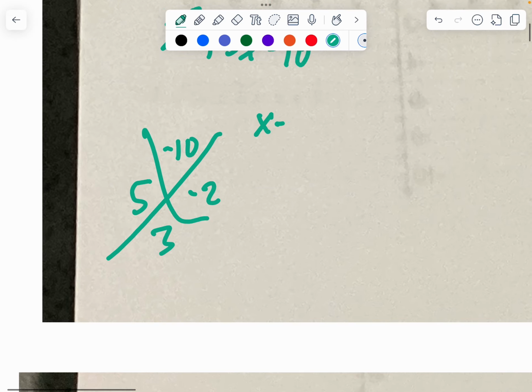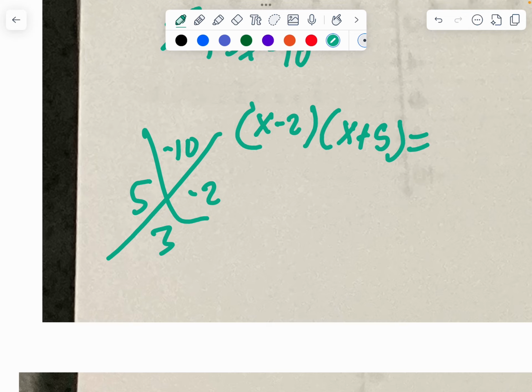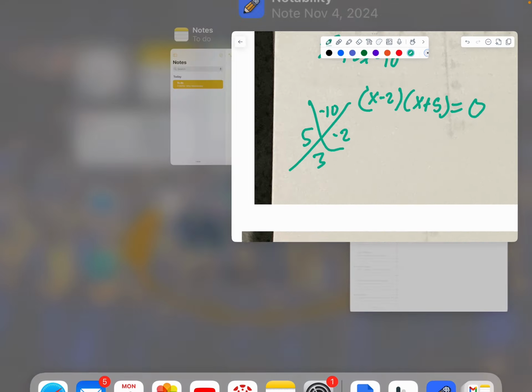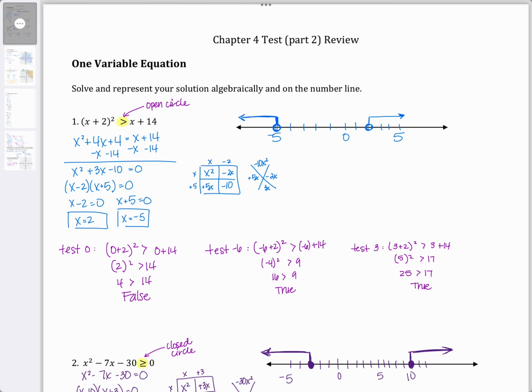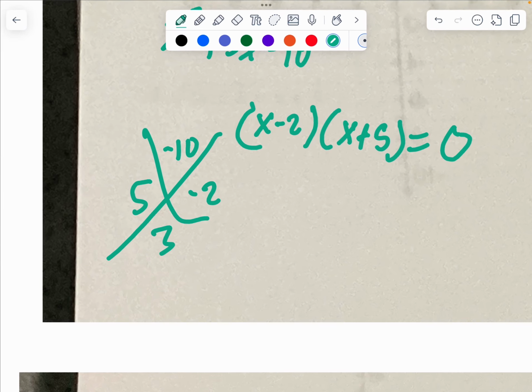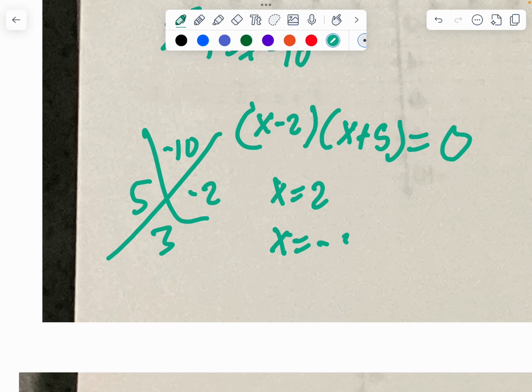So (x − 2) times (x + 5) equals 0. So x equals 2 and x equals negative 5.